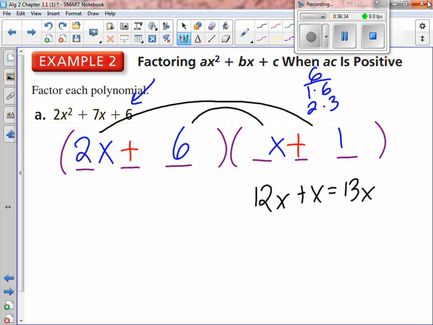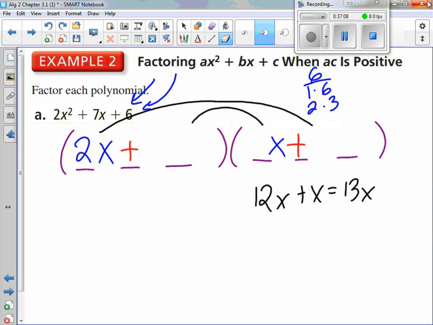Because if there's a common factor between these two here, so 2x plus 6, there is, it would mean there had to be one in the start. So if there's not one in the starting one, there can't be one in either set of parentheses. Does that make sense? So that means 6 and 1, I can't put the 6 with the 2x, because there'd be a common factor. And we know there's not one to start with. So that means I am done with 1 and 6, because there's no other way to put it, because we already checked the other way, yes?